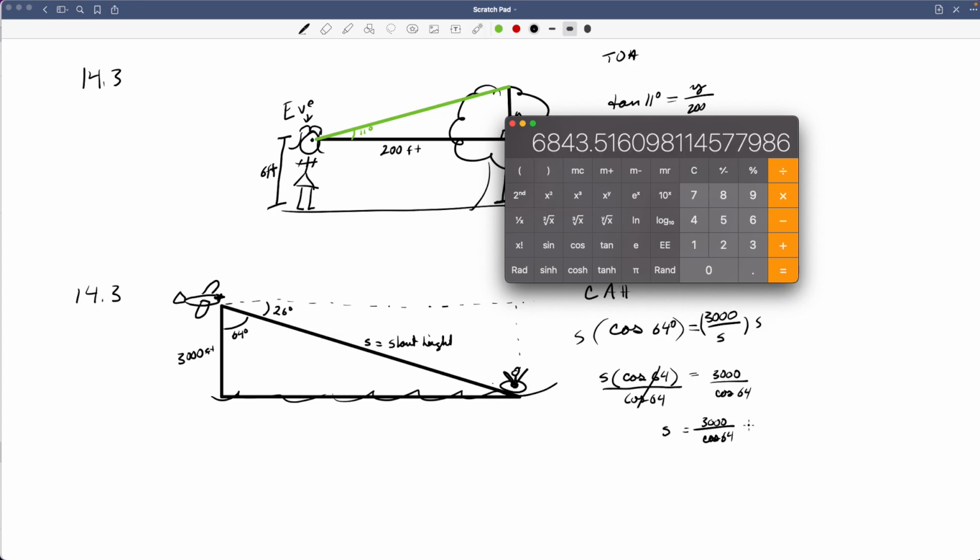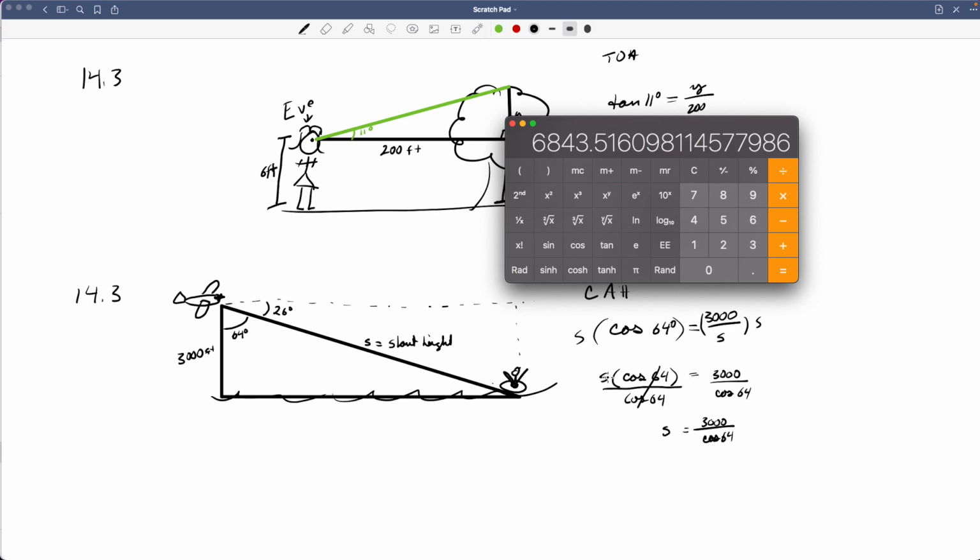That is going to hold that 3,000 for me and then divide once I find the cosine of 64, all in one step. So I don't have to find the cosine of 64 and write down that big long decimal, because remember, we want to do all our calculations first and then round. So using the parenthesis makes that possible. Definitely practice that to make sure that you can do it.